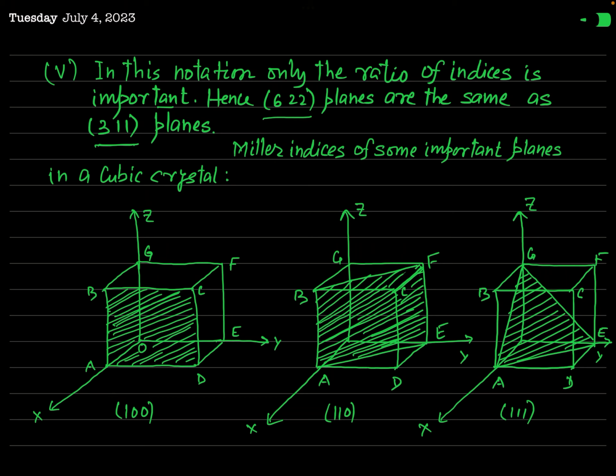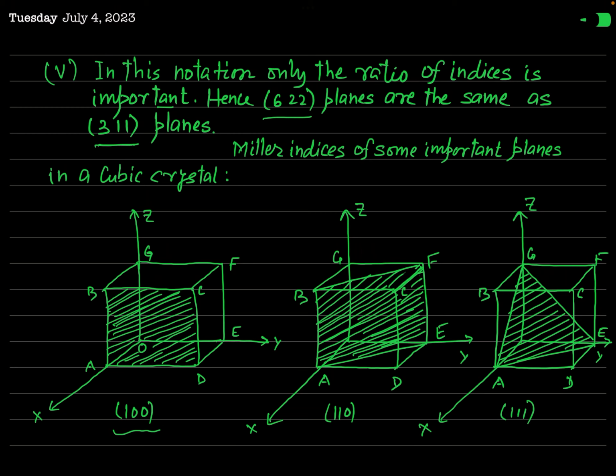Actually, the different planes of a cubic crystal will be invariably used in further lectures. So I have shown for your convenience here three important planes of a cubic crystal. You can see the plane ABCD in this first figure, and the Miller indices for this plane ABCD will be 1, 0, 0.